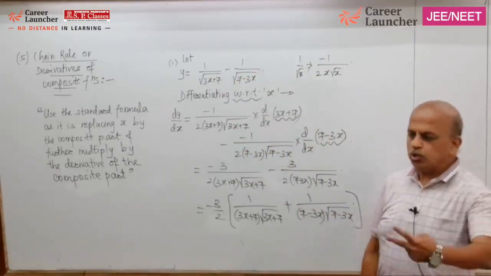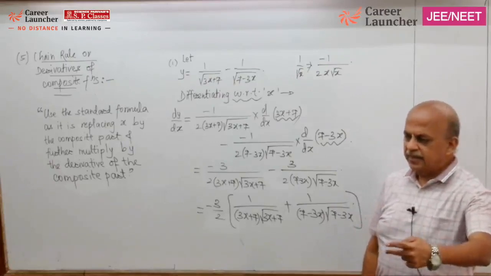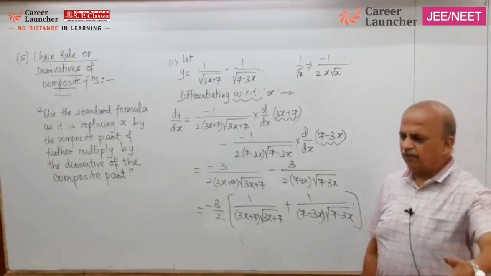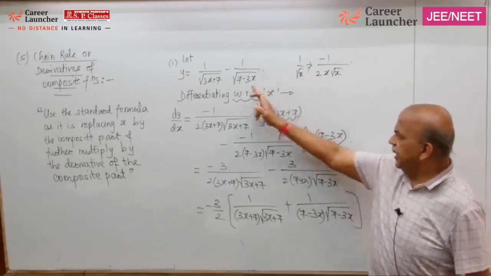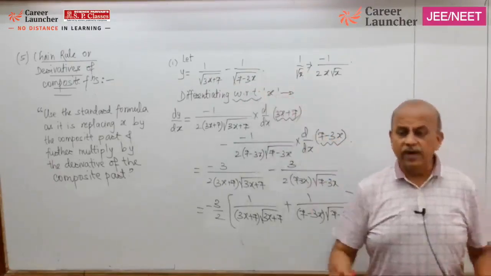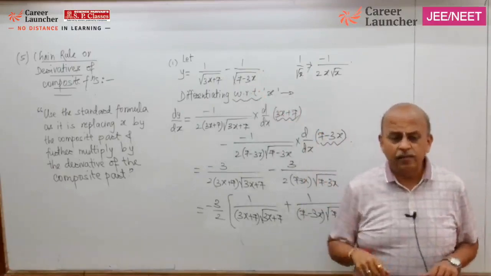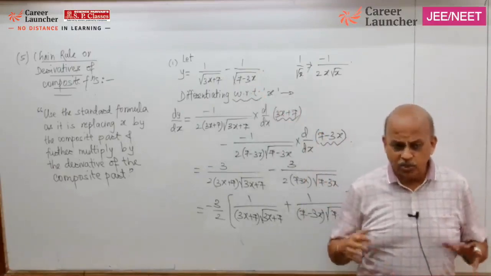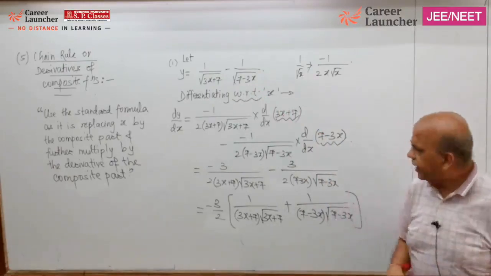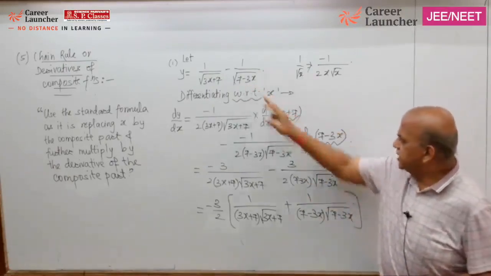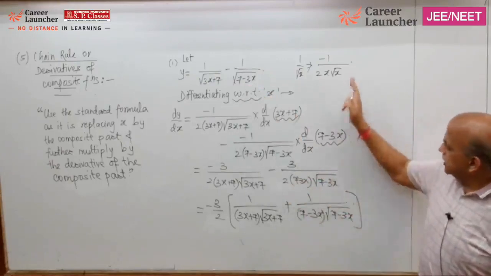See, we took those two examples of sin x, sin of 2x plus 5 and sin of something. This is the same formula. X is replaced by 7 minus 3x. So what is the composite part here? 7 minus 3x. You try to give answers, otherwise you will never understand what is happening here. Use the standard formula.